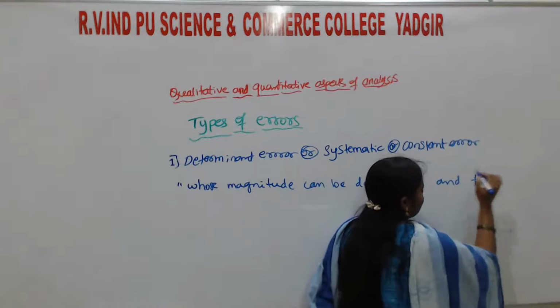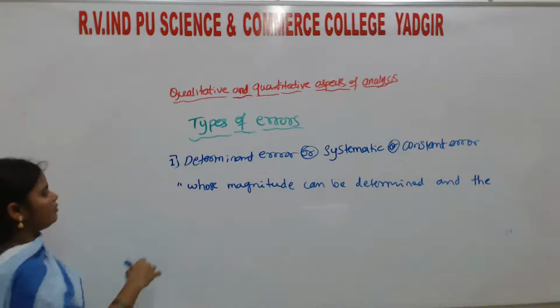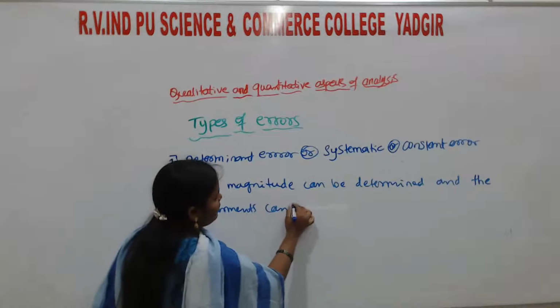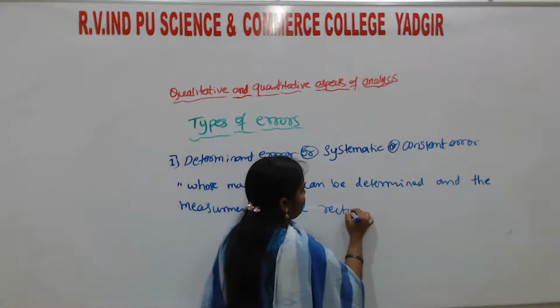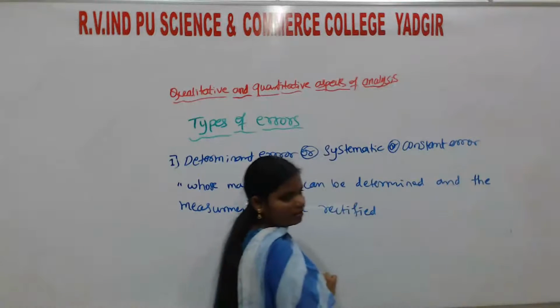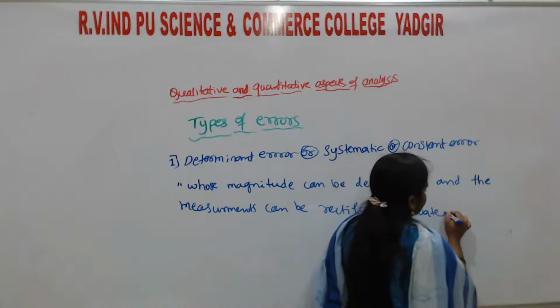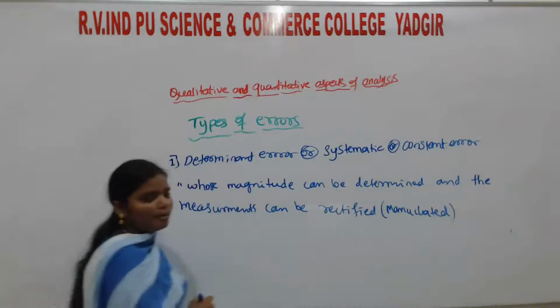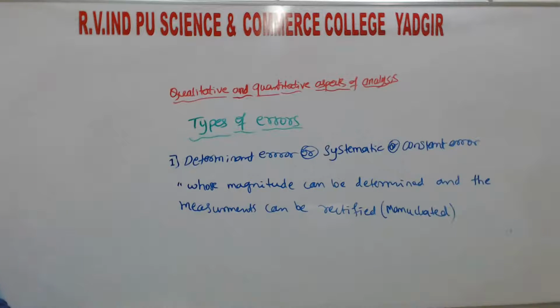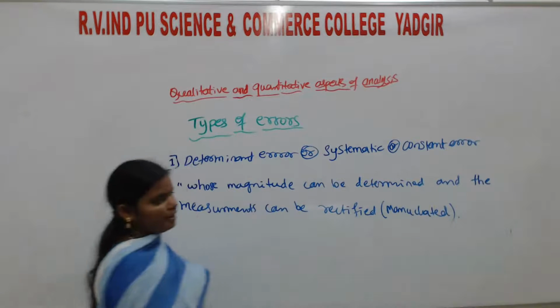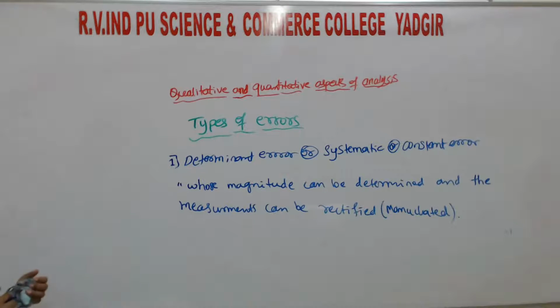Rectified means it is manipulated. This is the definition of the determinate error: its magnitude can be determined and the measurements can be rectified or manipulated.